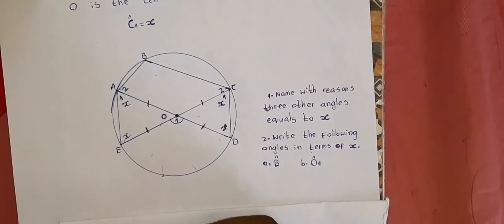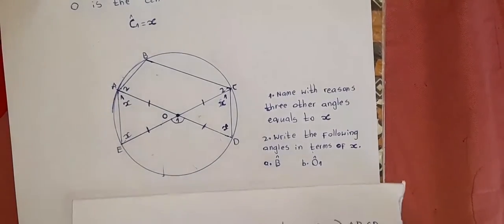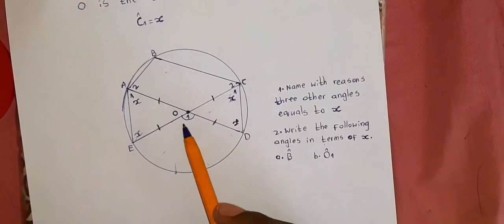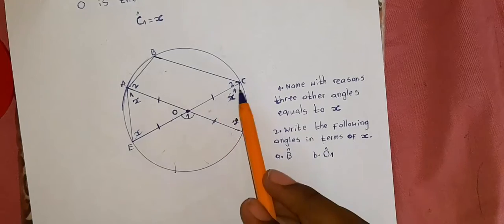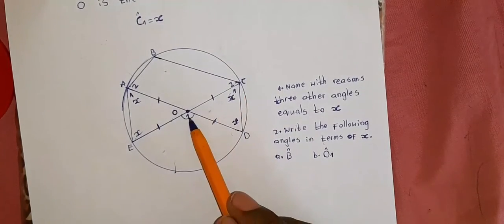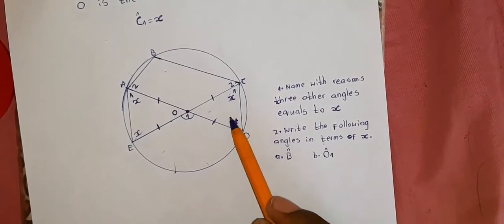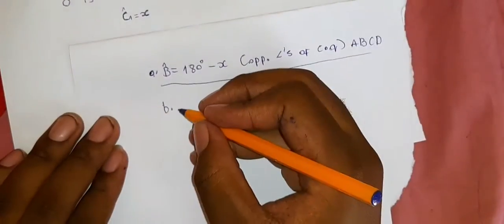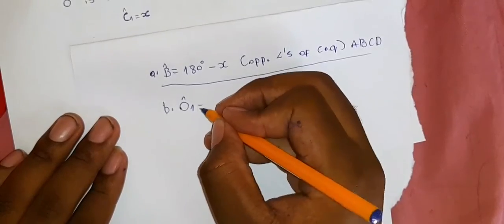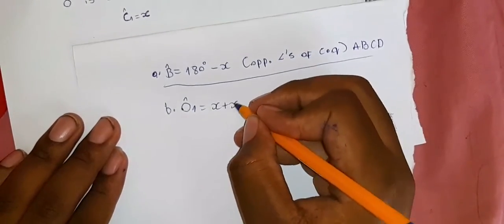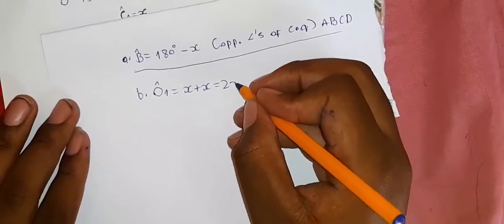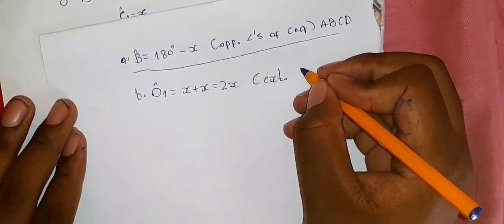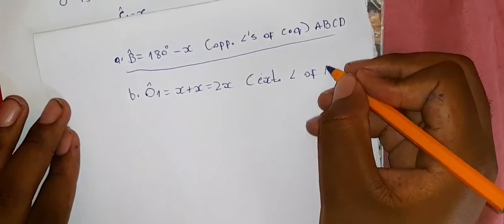We know that O1 is the exterior angle of this triangle here. So O1 is equal to x plus x. So angle O1 is equal to x plus x, which is 2x, because of the exterior angle of a triangle.